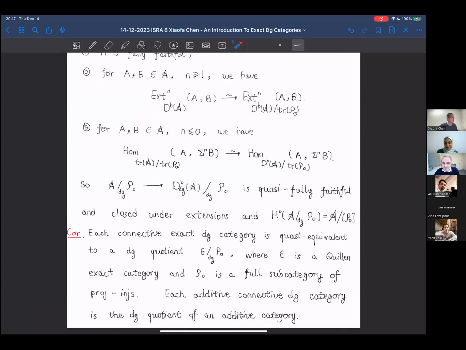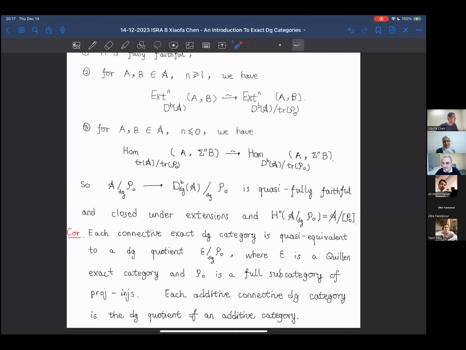Sorry, may I ask a question just on the last corollary? What happens if the E by chance is a Frobenius exact category? Then this is a Frobenius exact DG category. Ah, yes. So we have the notion of the Frobenius exact DG category.